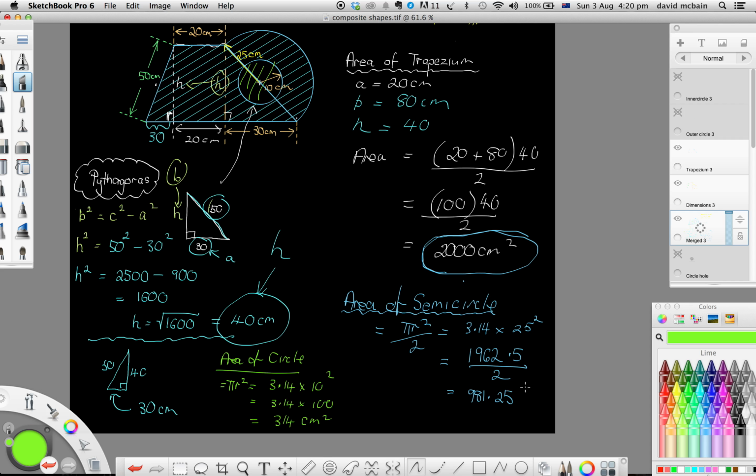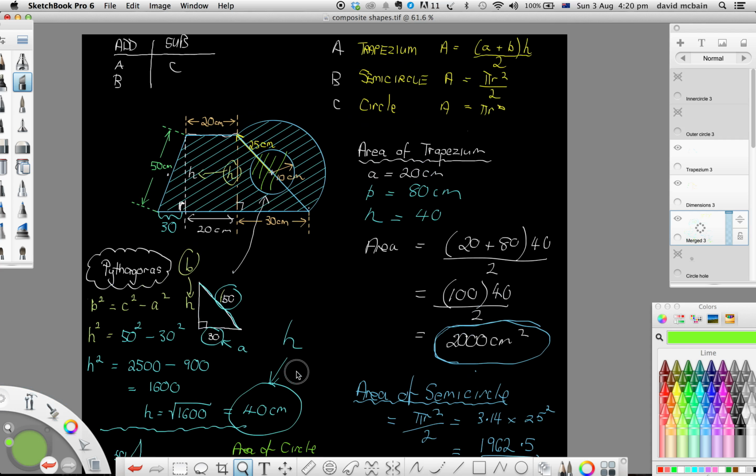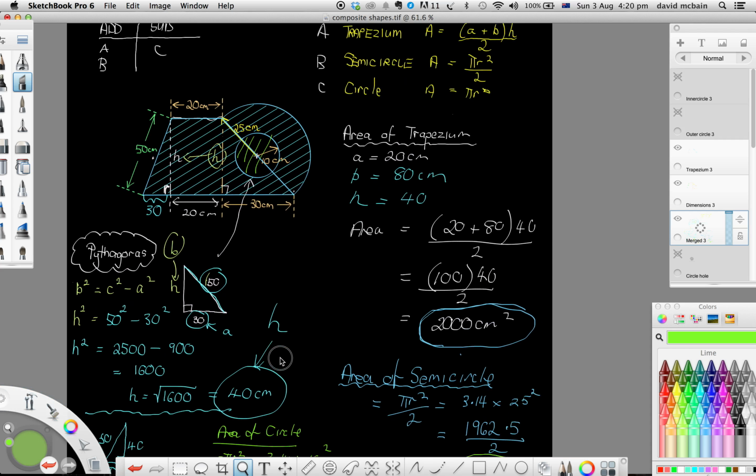So now we've got all the areas we need. The area of the trapezium, the area of the semicircle, and the area of the little circle that's punched out. So once again, the very last step is to add and subtract.